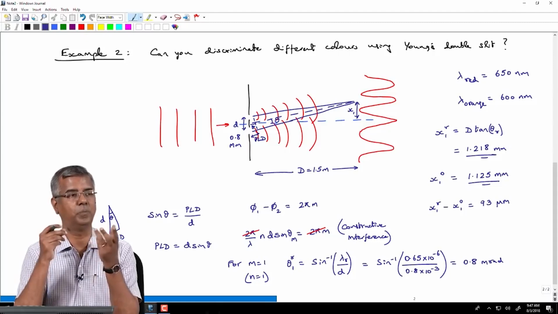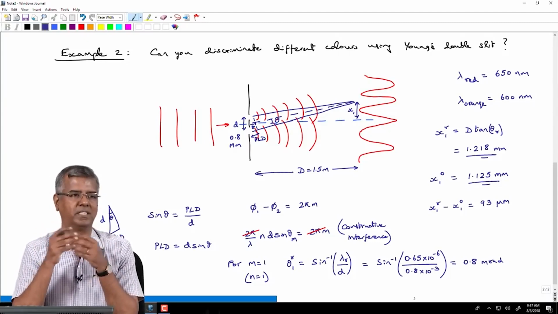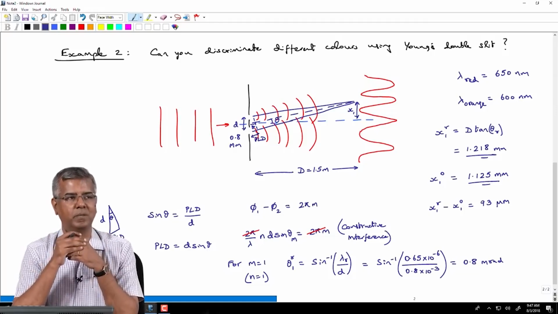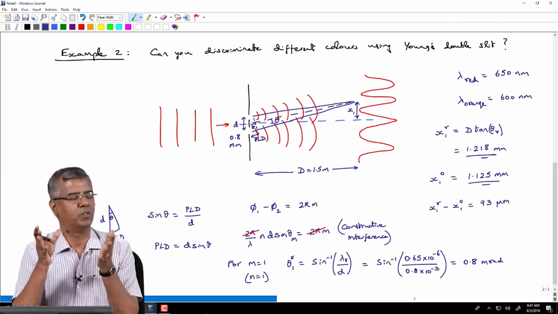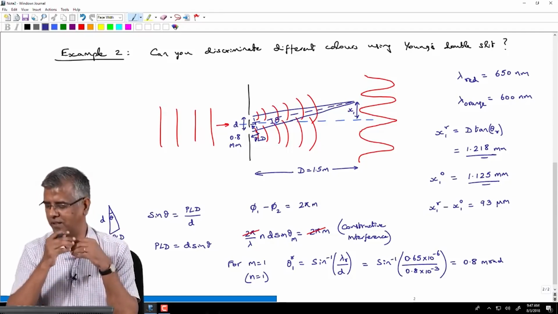Right. So, what should be the width of the slit? That depends on the discrimination you want to get, but let us say you are okay with half of the orange coming into the red and so on.